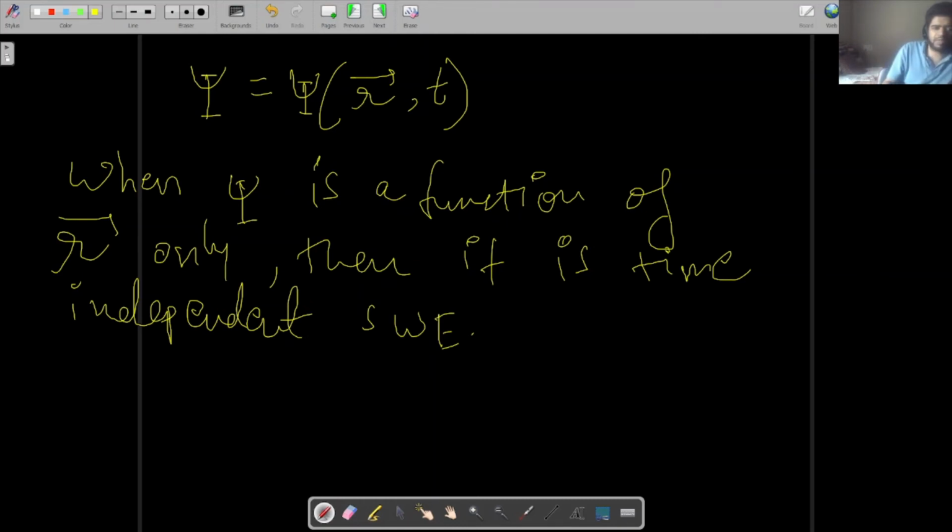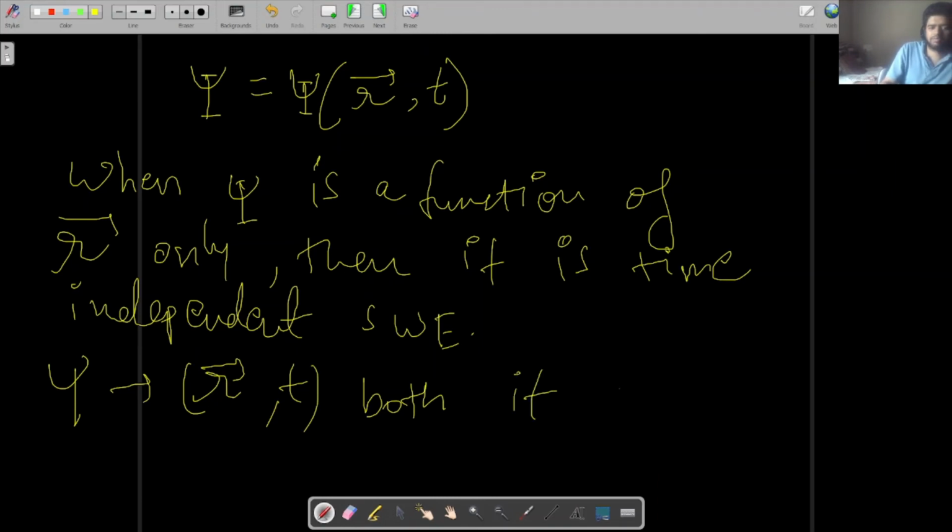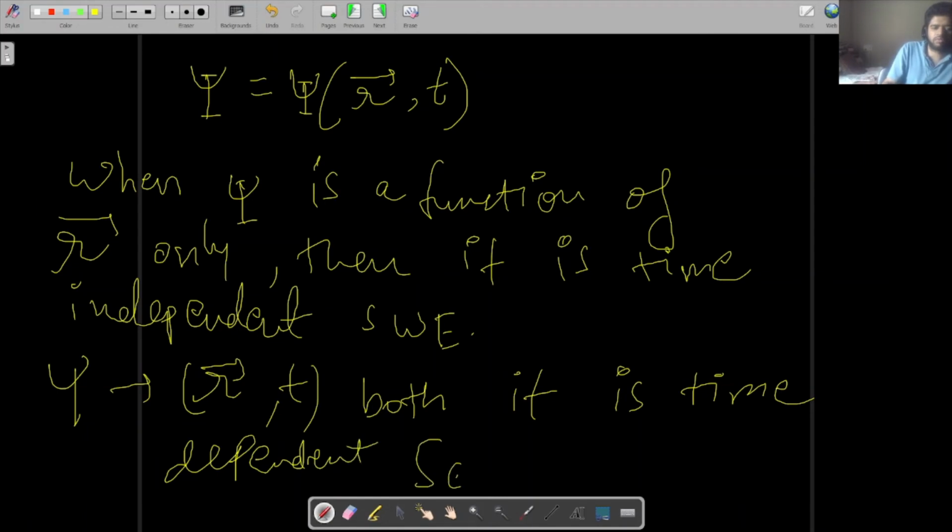And when psi is a function of r and t both, it is time dependent Schrodinger wave equation. It is common sense, na?